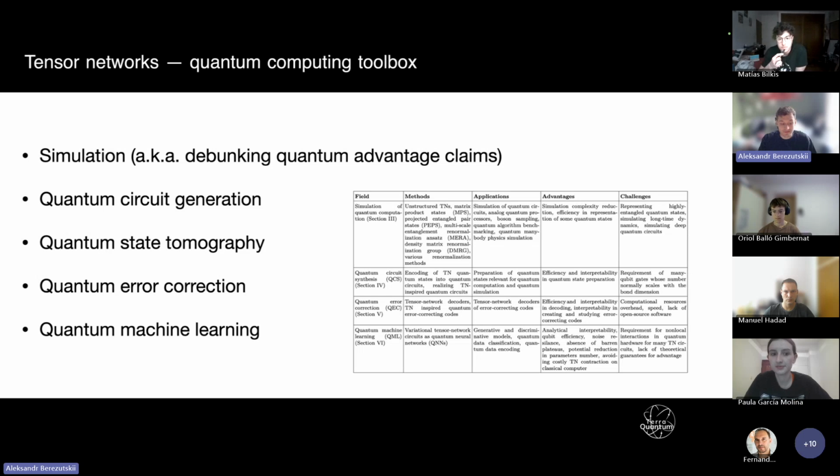So mostly in the error correction part, I would say there are two main applications. First of all, there is decoding. In two words, what's happening is that you have a big sum. It's called maximum likelihood decoding.